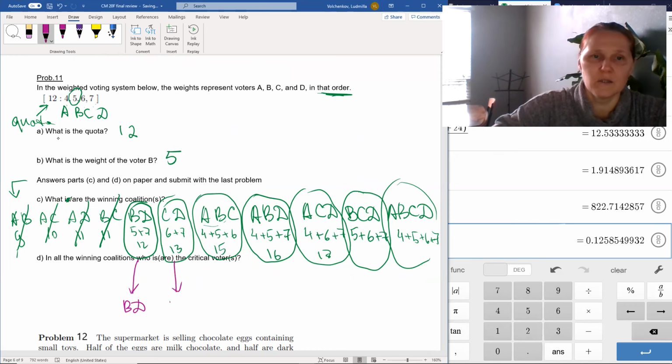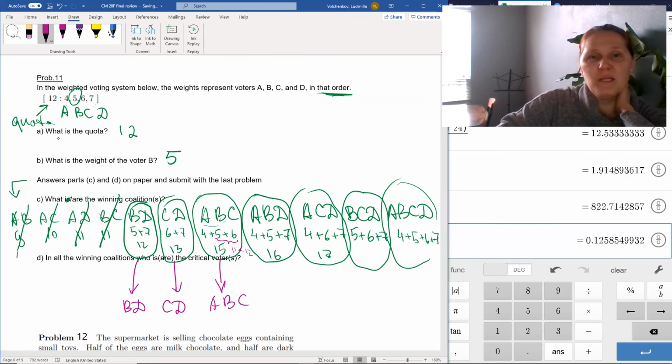In this, also C and D. In A, B, C, look at the numbers 4, 5, 6. If you remove one of the numbers, even the smallest one, 4, it will be 5 plus 6, only 11, less than 12. It's not winning anymore. So every voter is critical in this coalition.